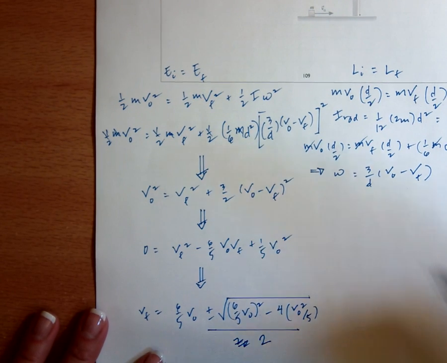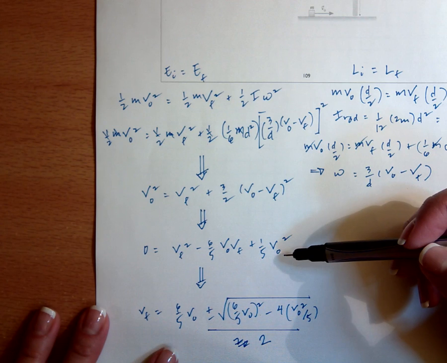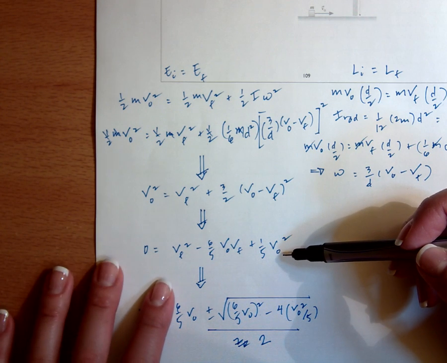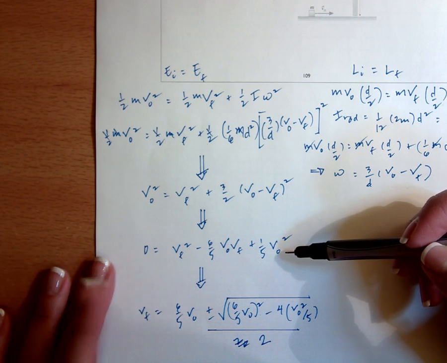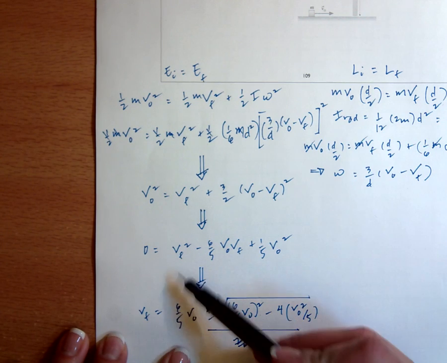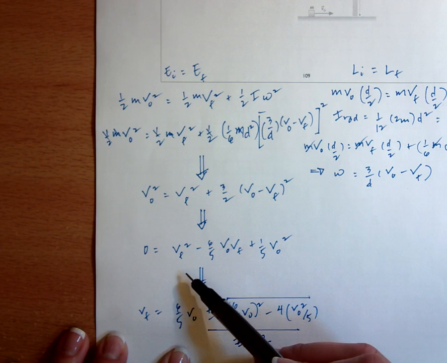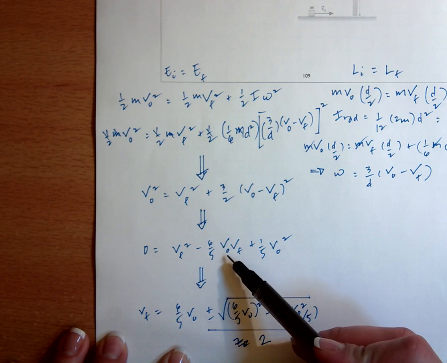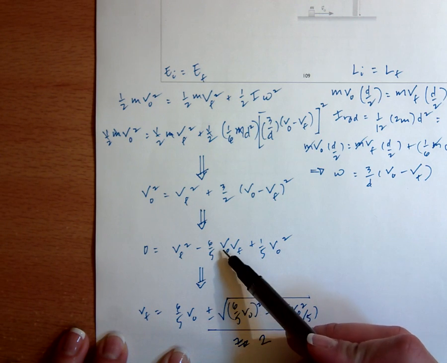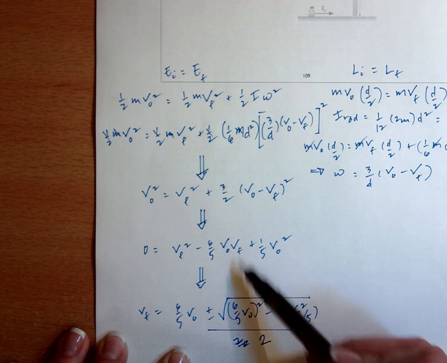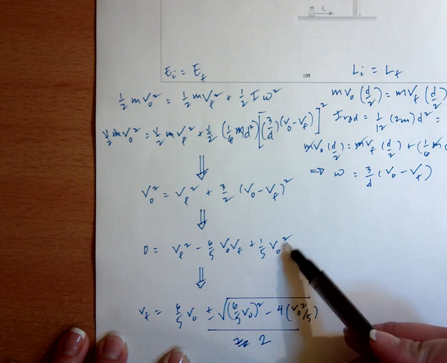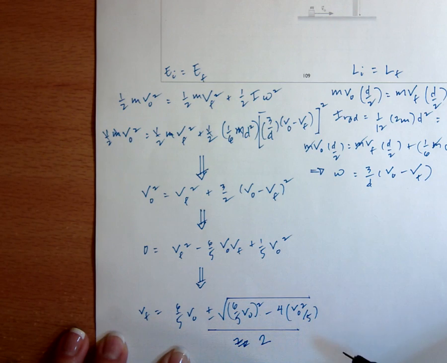Okay. So if I look at this equation, using this as a quadratic equation, what am I solving for? Well, I'm trying to solve for v final. So v final would be like my x. So this would be like x squared, minus 6/5 times v initial times x, plus the constant 1/5 v initial squared.